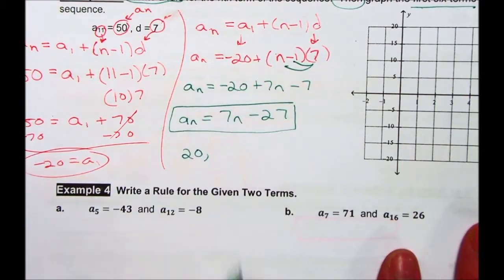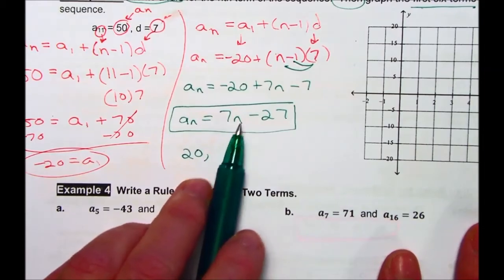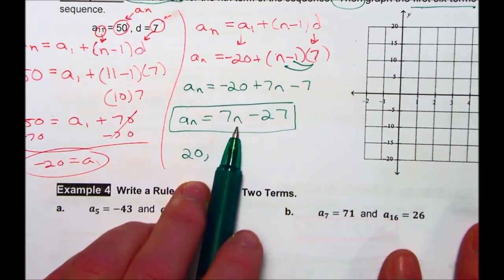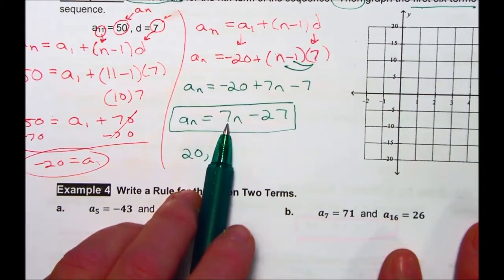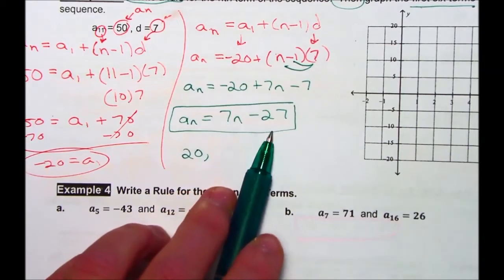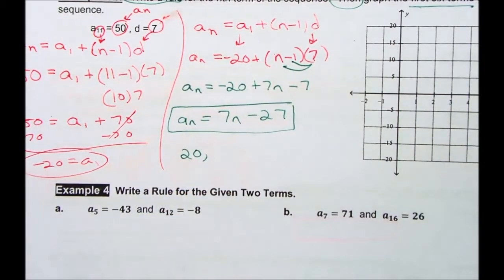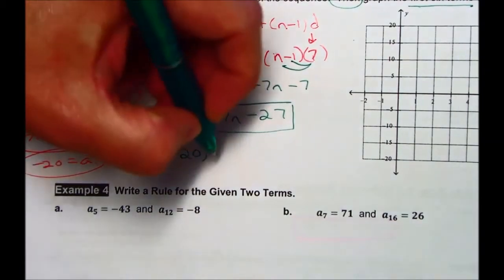To find the second term, just substitute 2 into the equation for n. So 2 times 7 is 14. 14 minus 27 is negative 13.